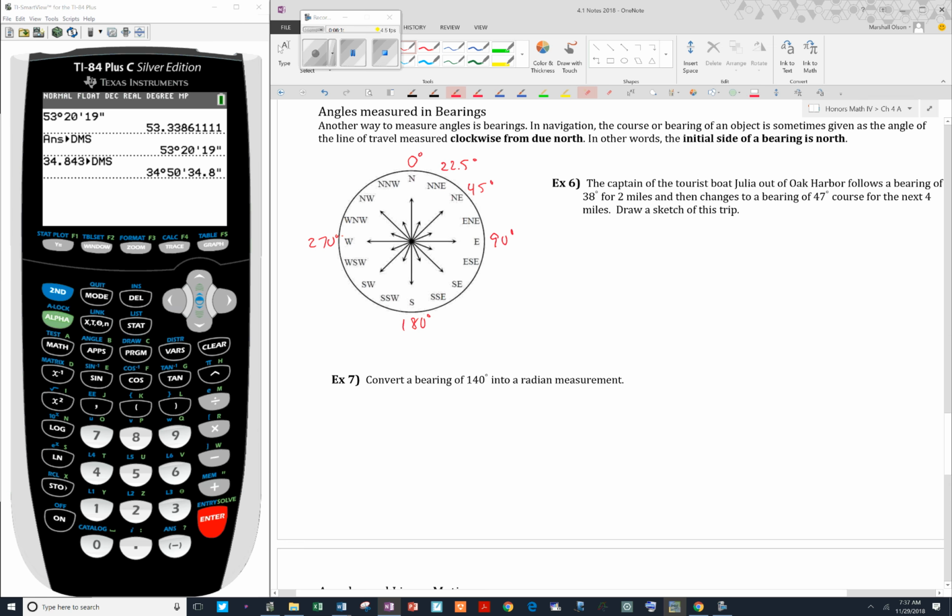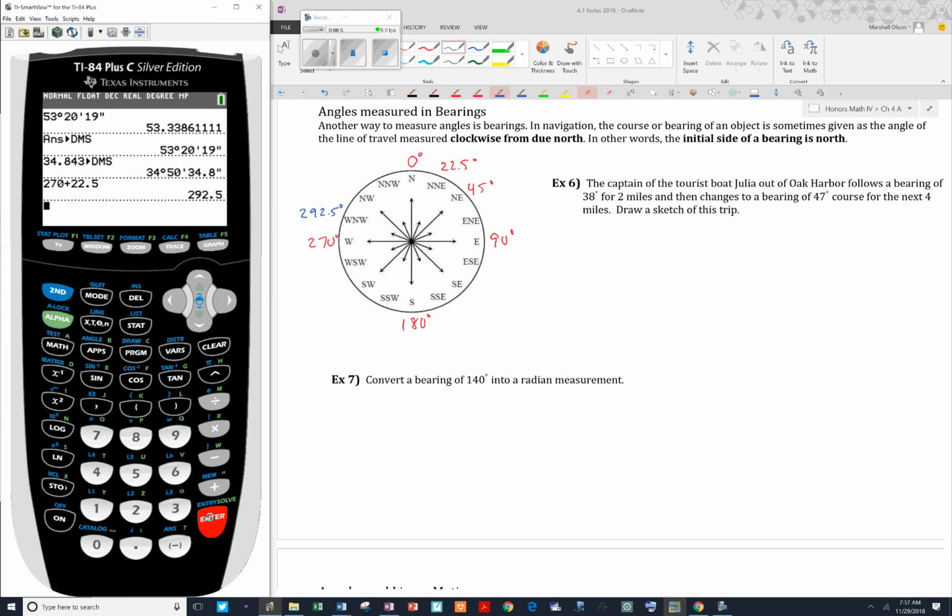But if we wanted to know what west-northwest was, that would be 22.5 degrees more than 270, or 292.5 degrees. Did I do my math there right? I'm on cruise control right now. Looks good. So you could give any of those measures shown up there as a degree bearing.